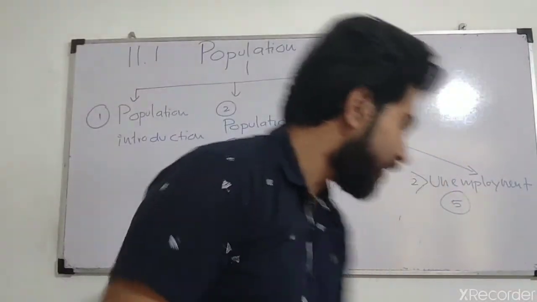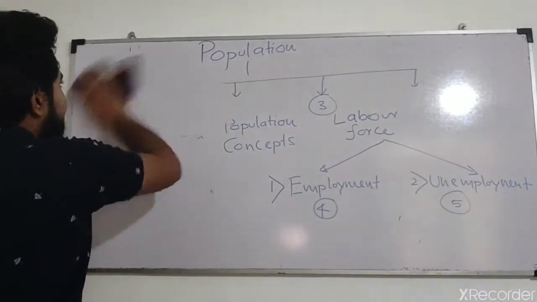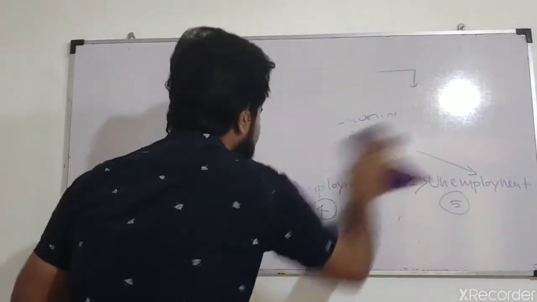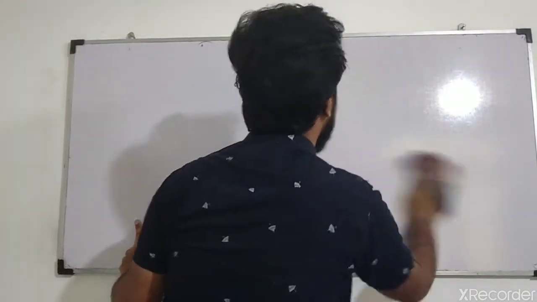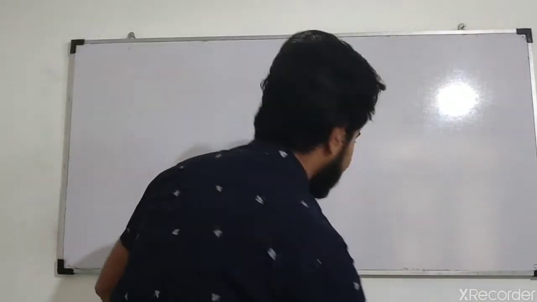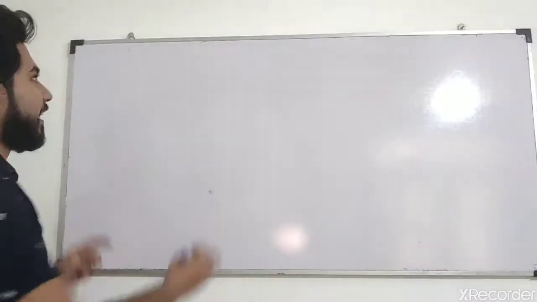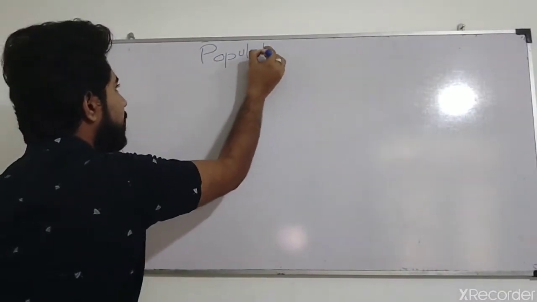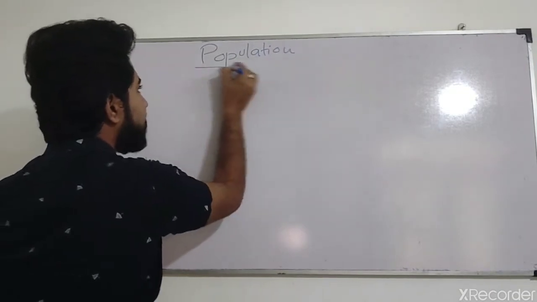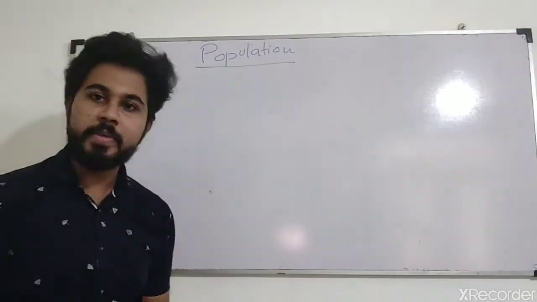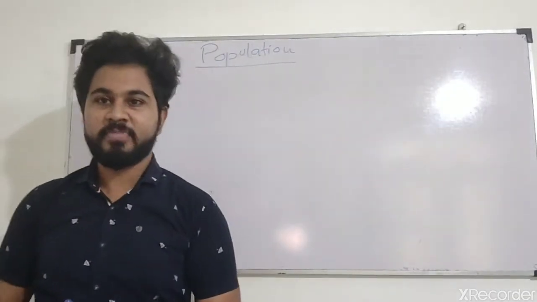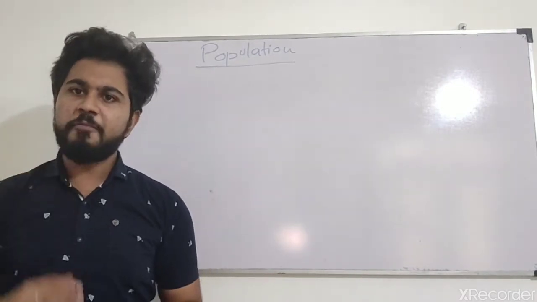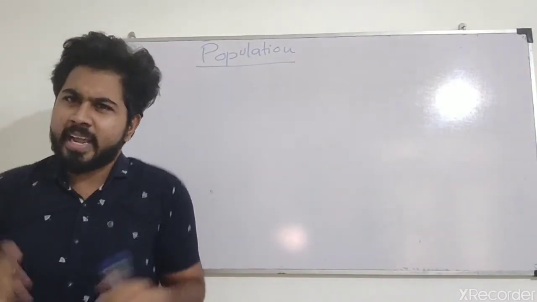So we can write the first topic, population introduction. I will write population, and firstly we have to discuss what exactly we mean by population. How can we define population exactly?